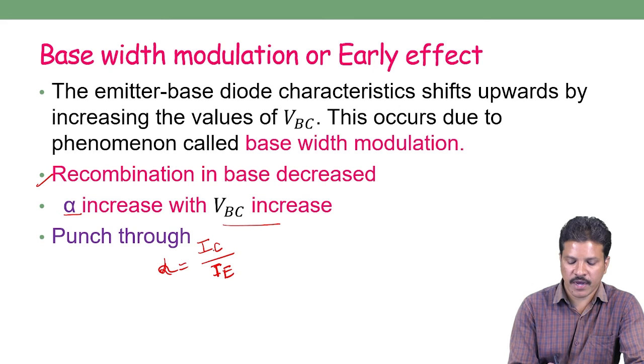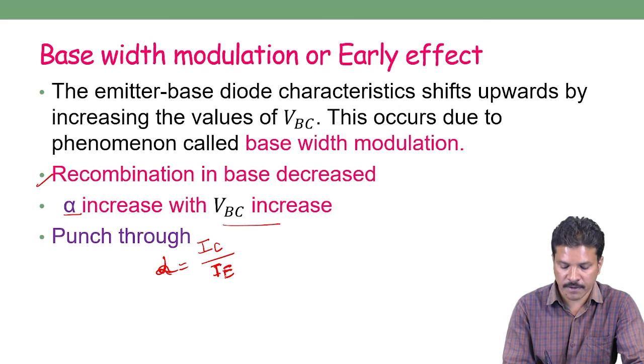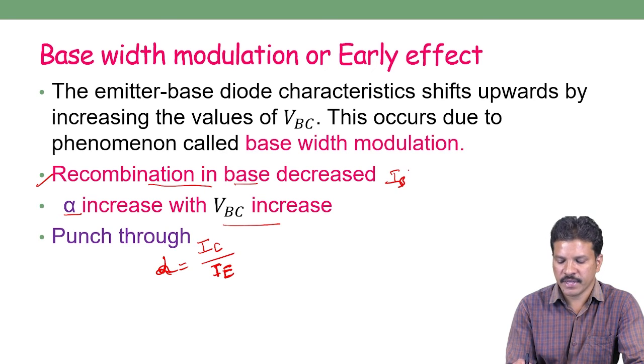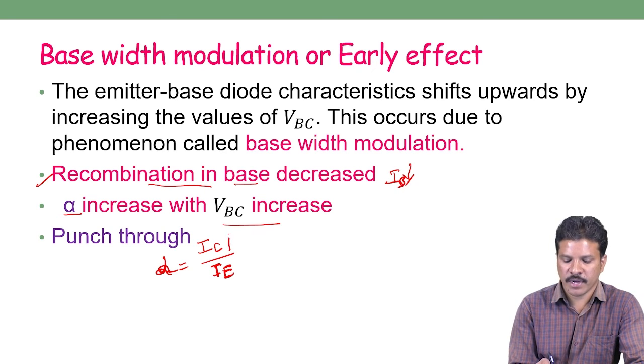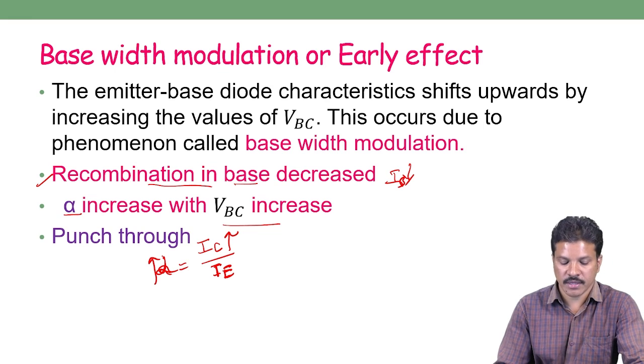It is the ratio of IC by IE. When base current decreases, recombination decreases, so the collector current increases, so alpha increases.